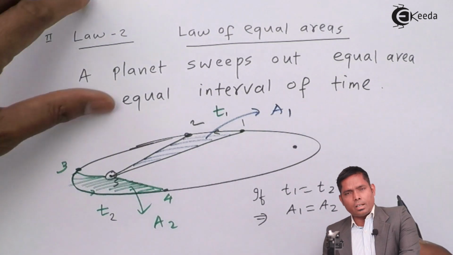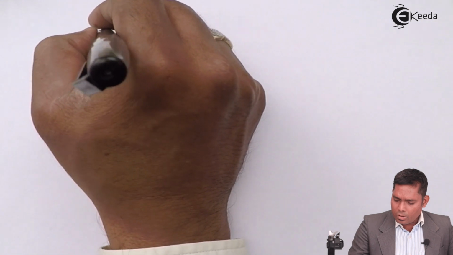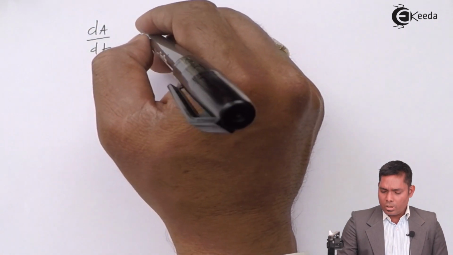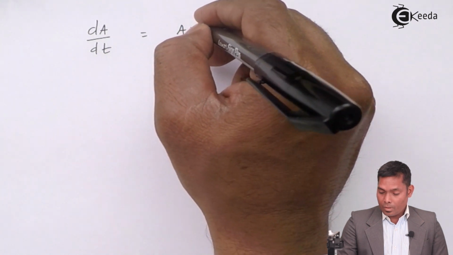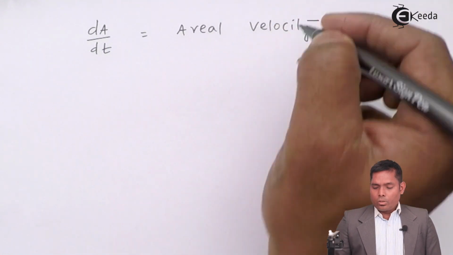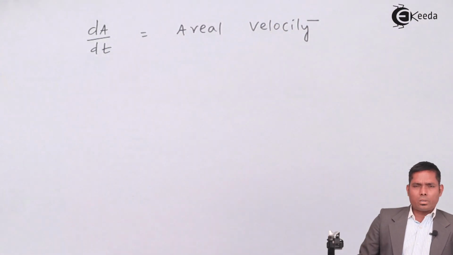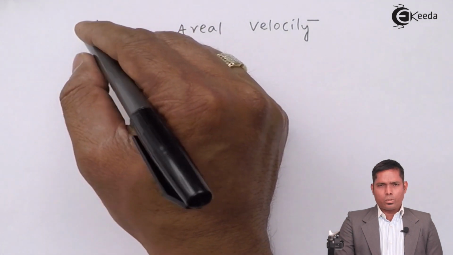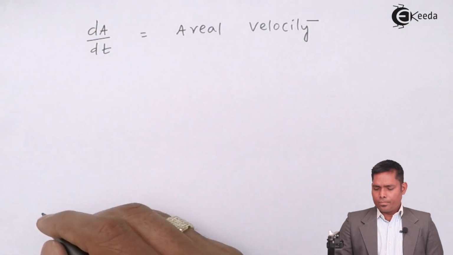So from this we write the expression for areal velocity, that is the rate of change of area with time, dA over dt, which is known as areal velocity. The second law by Kepler talks about areal velocity, that is dA over dt, how fast or slow the area is changing with time.